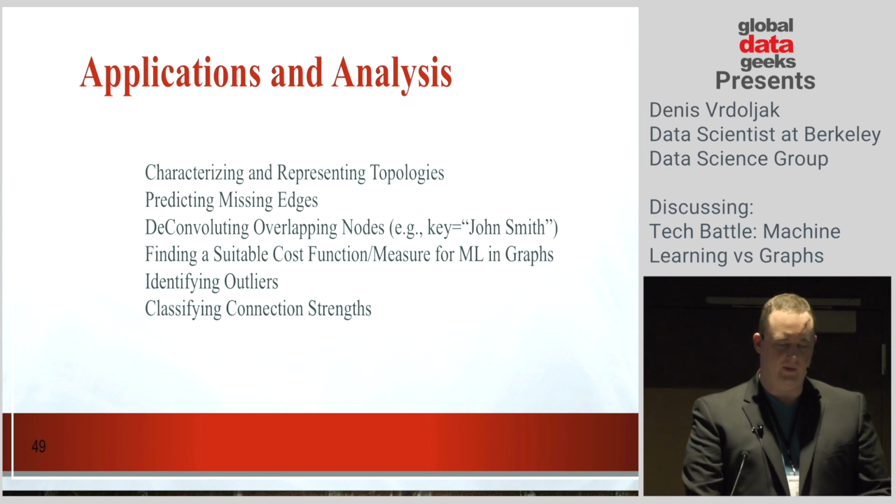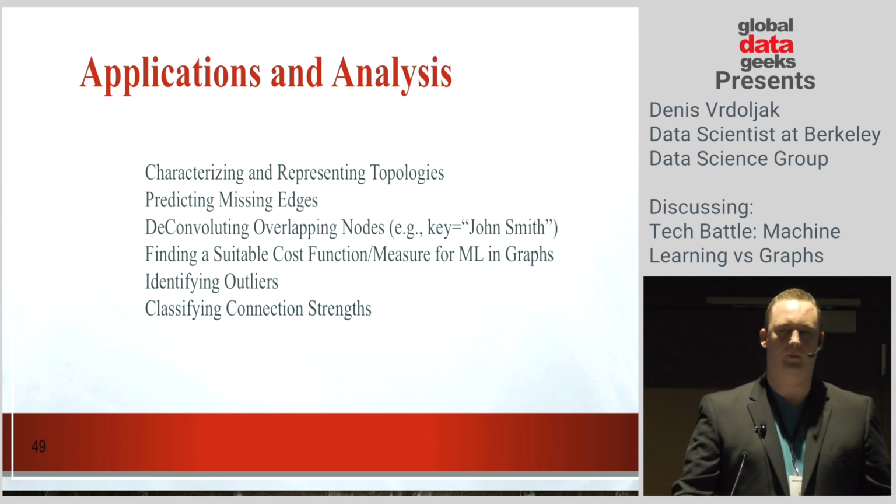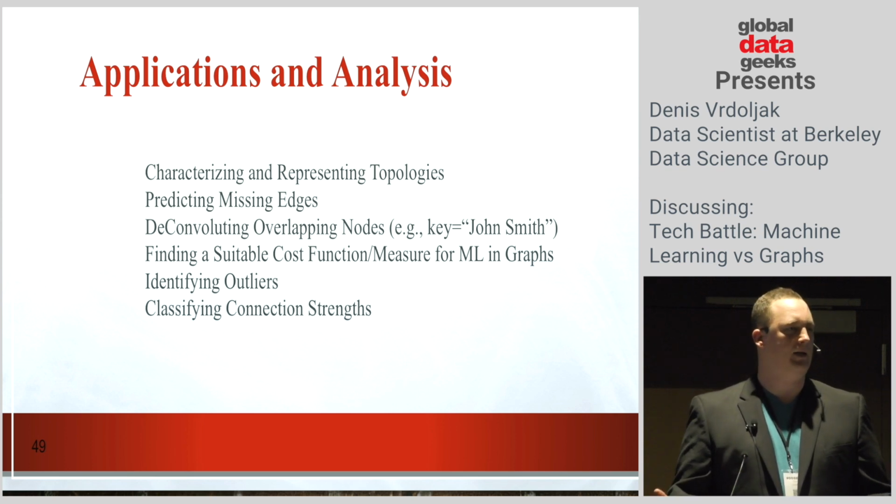And some of the other things is identifying outliers. So like in the previous talk, they were talking about identifying money laundering within graph networks. So we've also been working on some algorithms for classifying outlier nodes. And that kind of ties into being able to tell the difference between topologies.